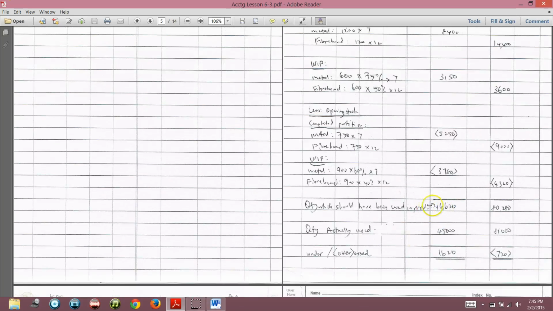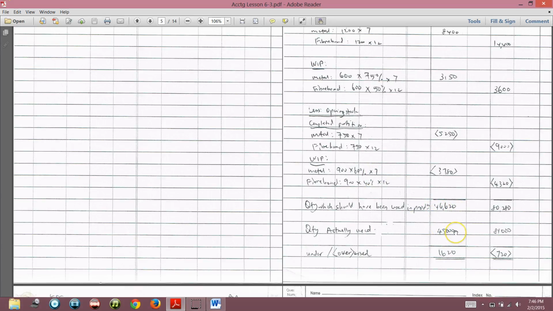And this is the quantity that should have been used if it is based on 7 meters of metal per partition. So now we have a fraction here.